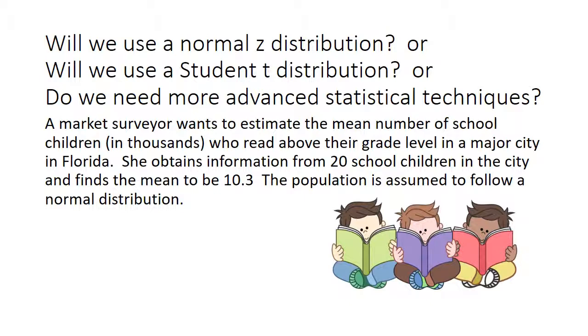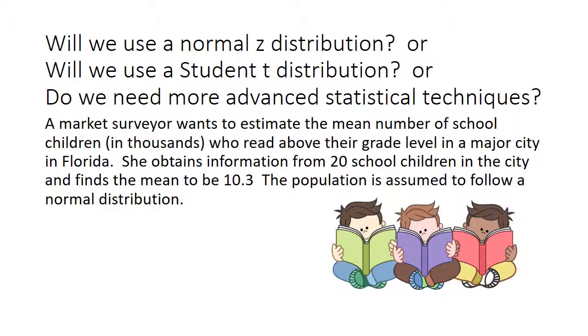The population is assumed to follow a normal distribution. So again, we have to assume we have a good study, that the random selection of students was done well, and all that good stuff, eliminated sources of bias. So now we ask, is either n big enough?